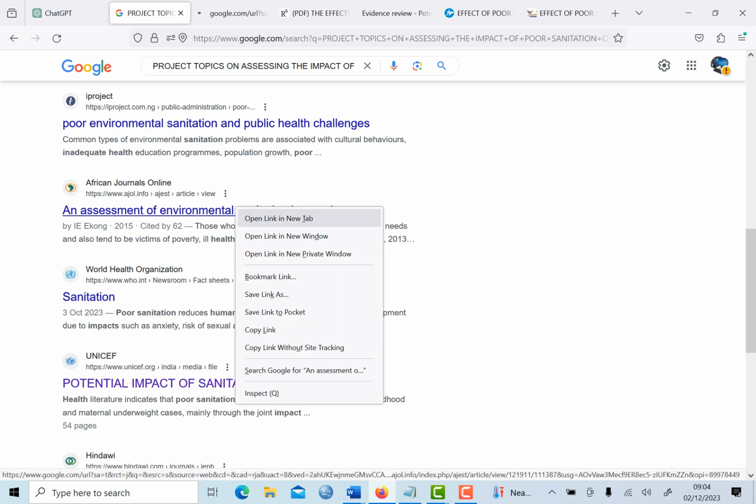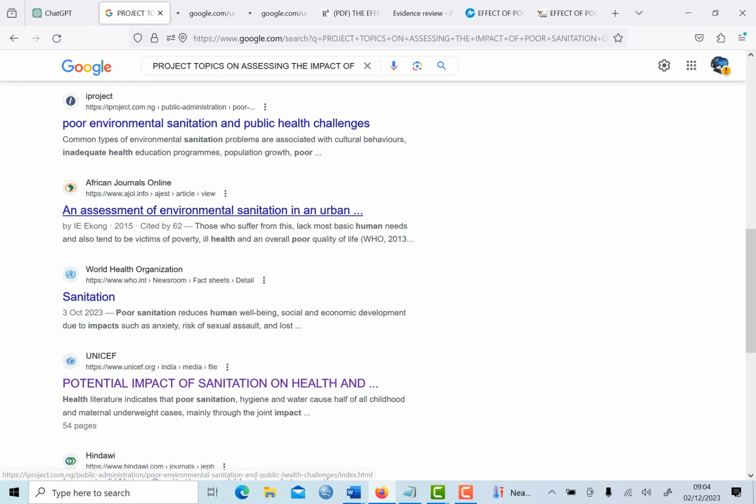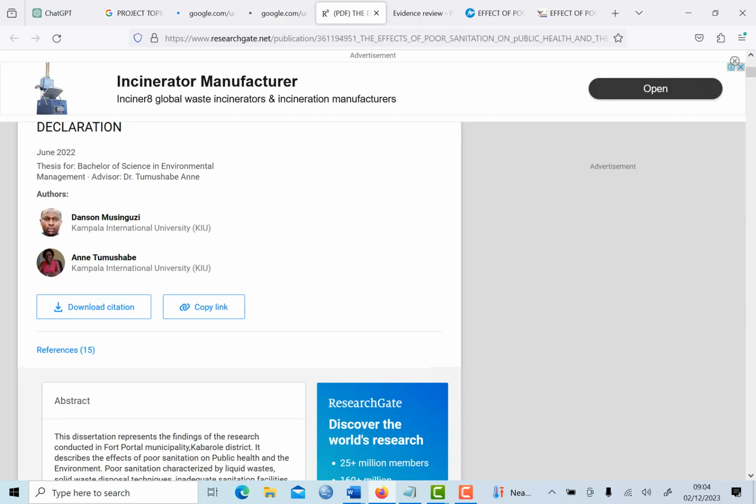Let me just open all the links we can get. So we are trying to access most articles and some materials. God, why is network frustrating me this morning?